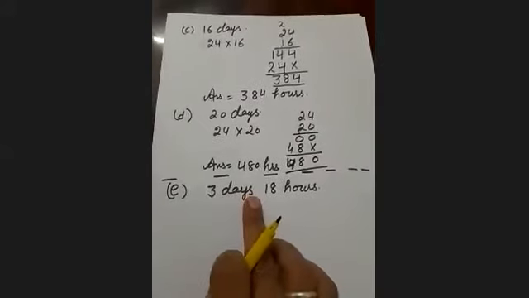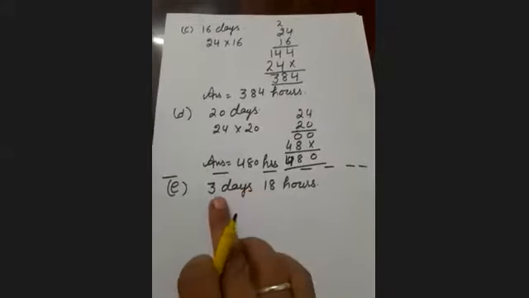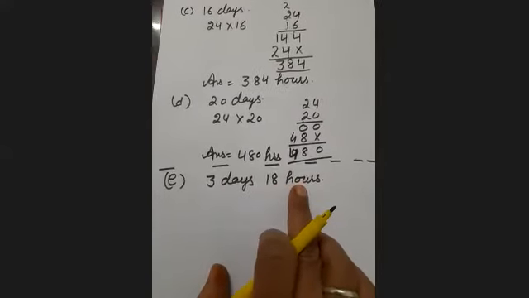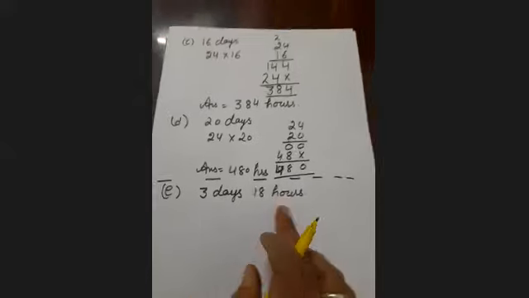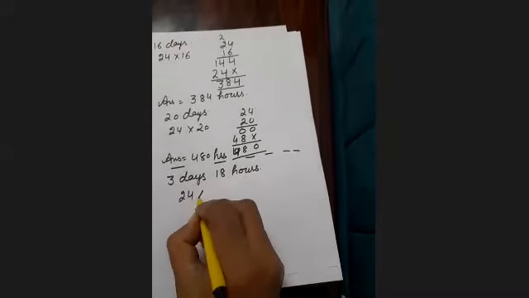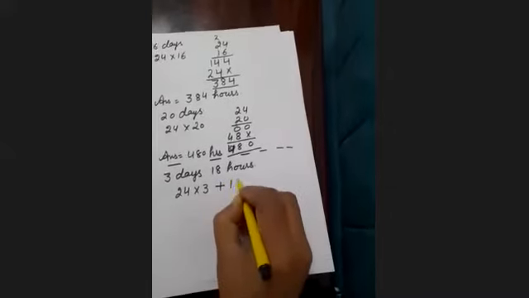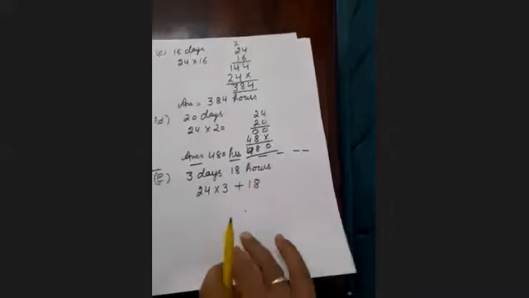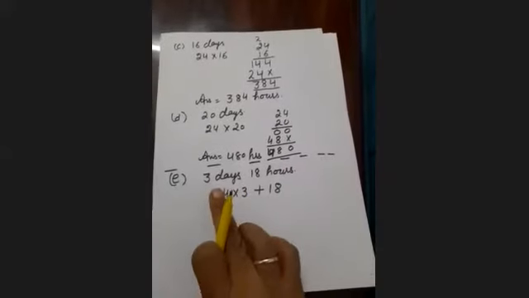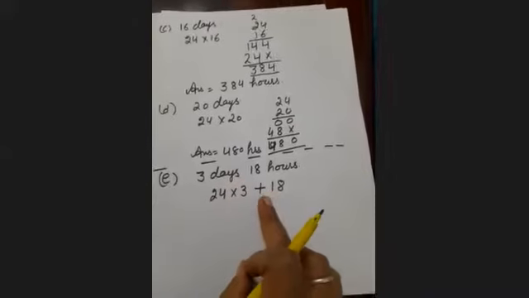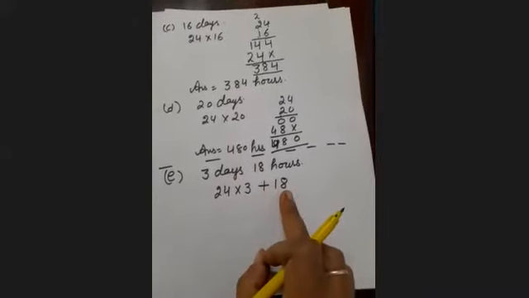For this, students, we will multiply 24 by 3. Then add 18 hours as it is. First, we'll convert 3 days into hours, then add 18 hours as it is.